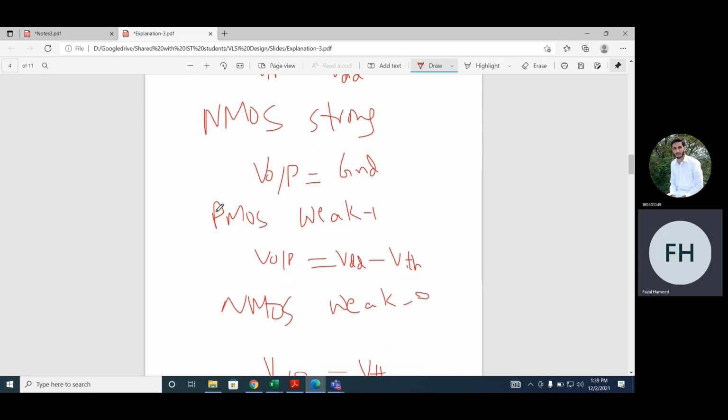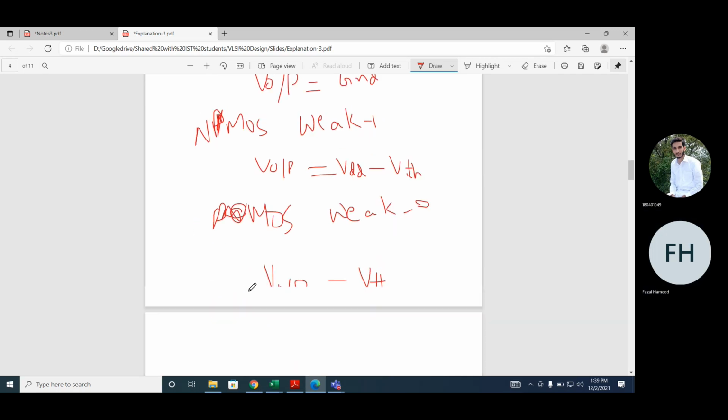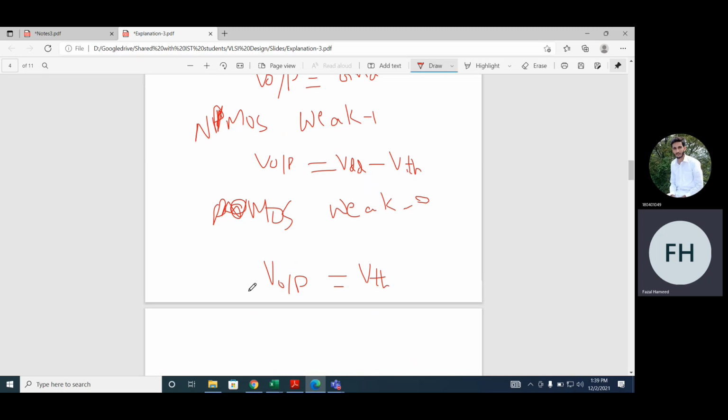Yes, you're right. So the reason we are using PMOS in the pull-up network is that it provides a strong 1, and NMOS provides a strong 0. Okay.